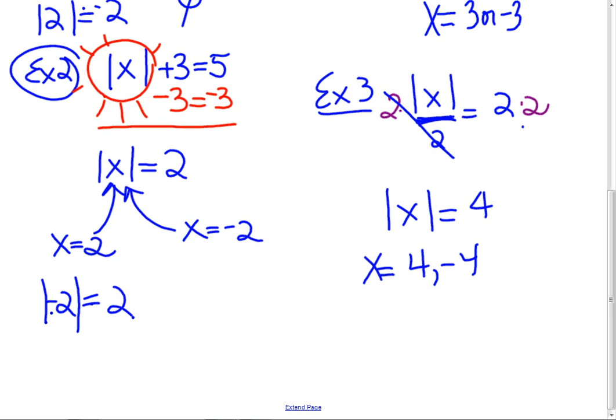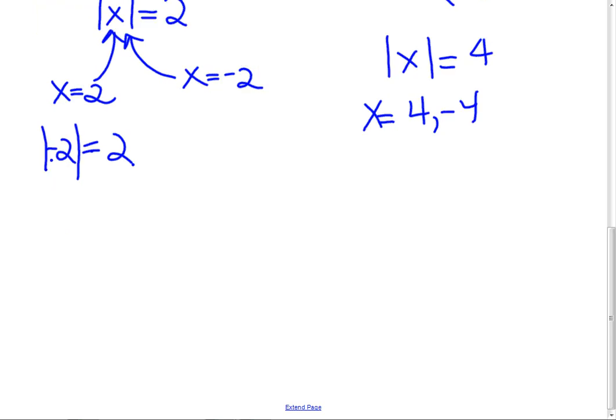If I put x plus something in there, it's not going to be as simple. No, it isn't. X plus 2 is equal to 6 is not 4 and -4. The only time that these are going to be the same but opposite is when it's the absolute value of x.